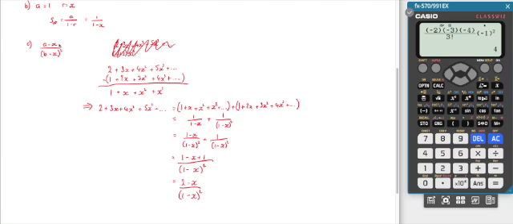Is that in the form that we wanted? A minus x over b minus x all squared. Yes, it is. I'm happy then that a is 2 and b is 1.